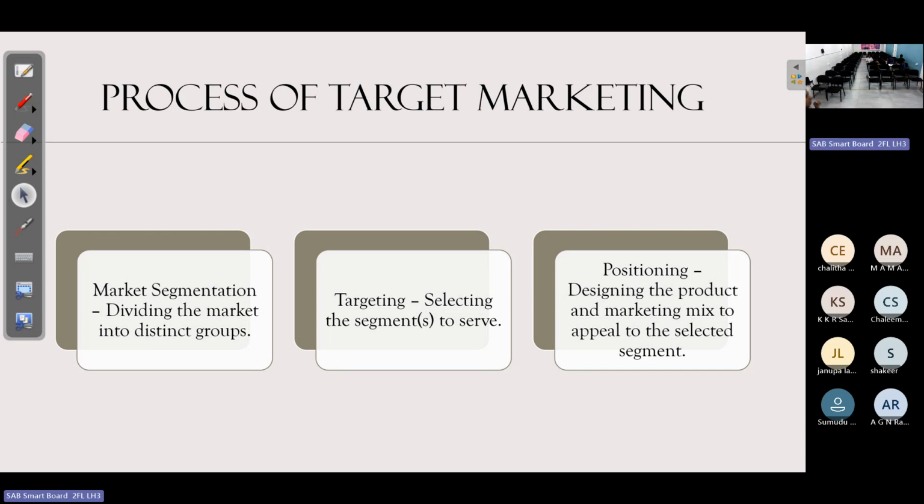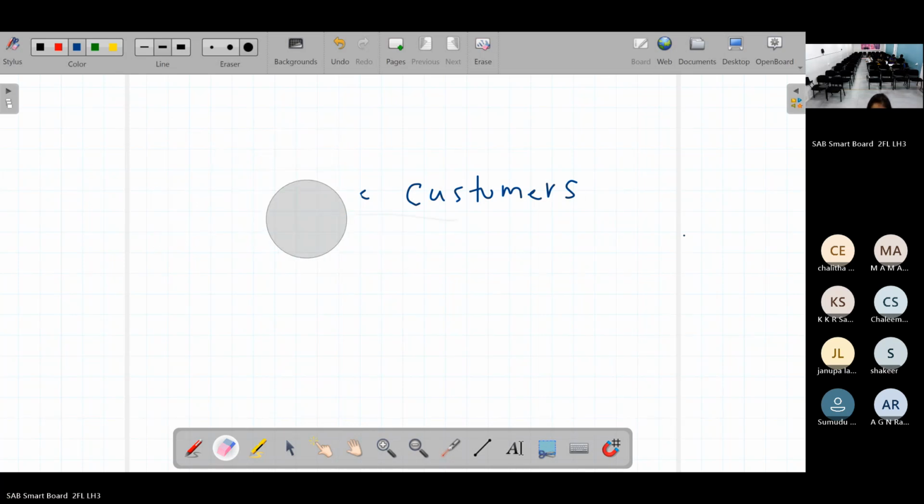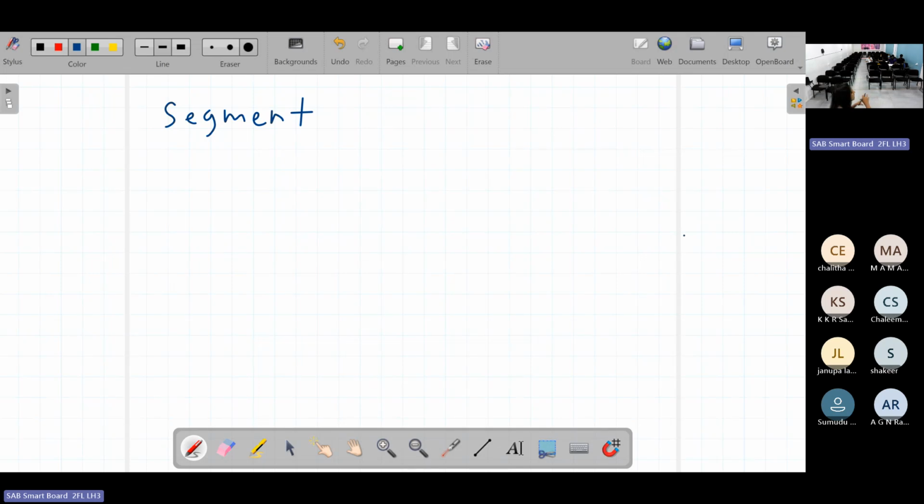So here I will tell you one example. Let's say we are going to segment the entire market, first in terms of age.